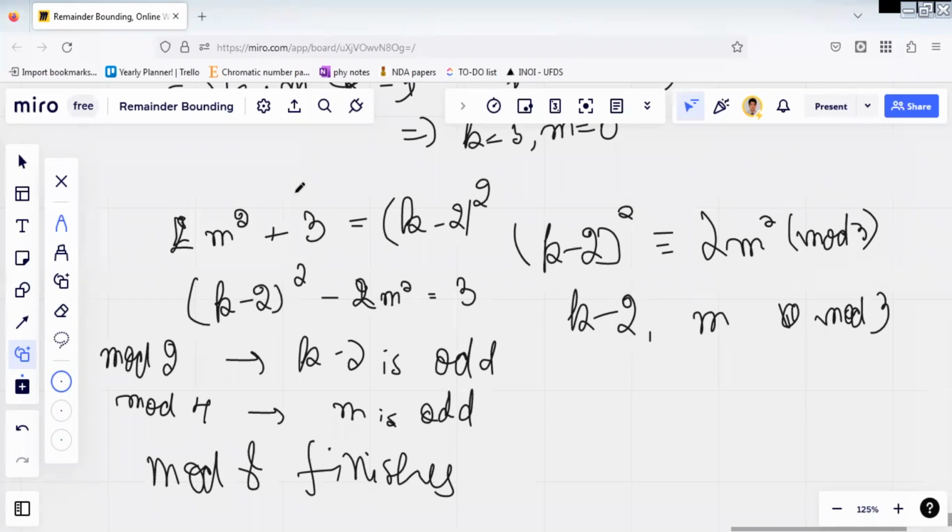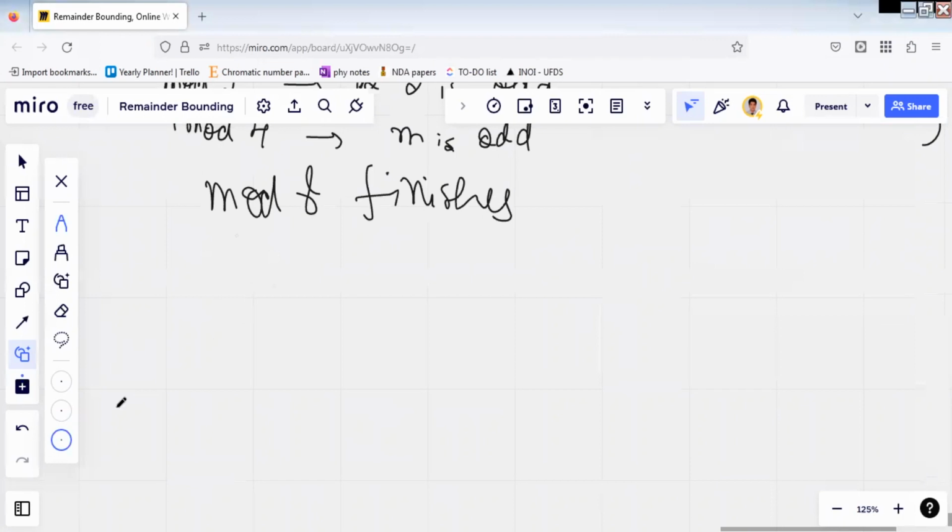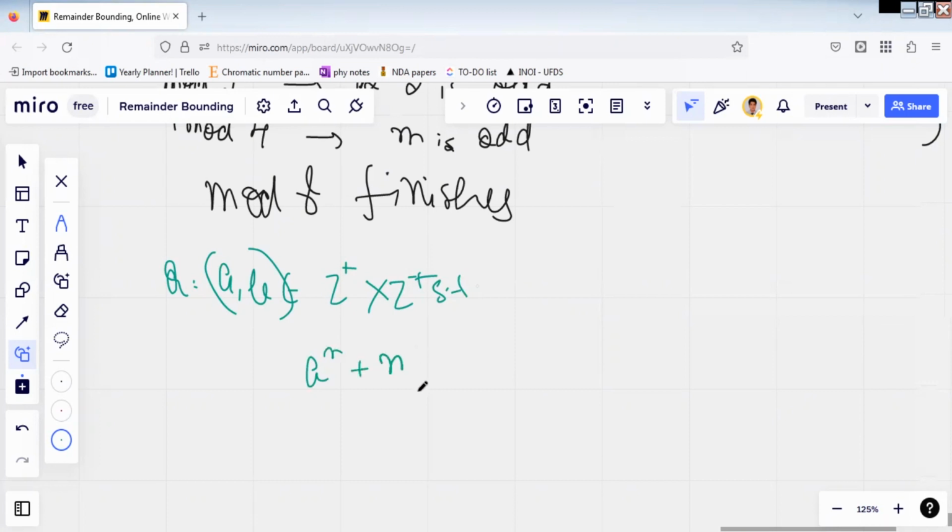Okay, nice. We'll do this problem. a, b are positive integers such that a to the power n plus n divides b to the power n plus n for all n belonging to positive integers.